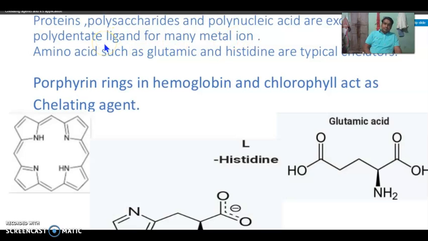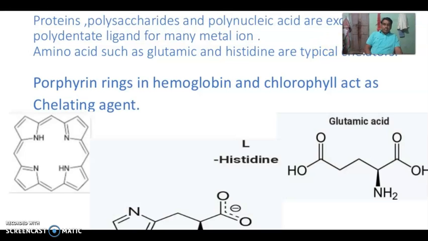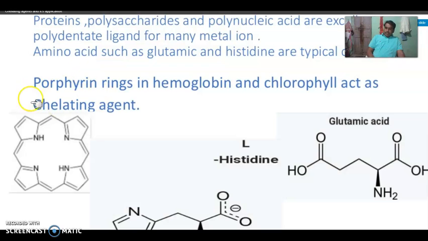Amino acids such as glutamic acid and histidine are typical chelators, or typical chelating agents. Another example is the naturally occurring porphyrin ring in hemoglobin and chlorophyll, which acts as a chelating agent in nature.